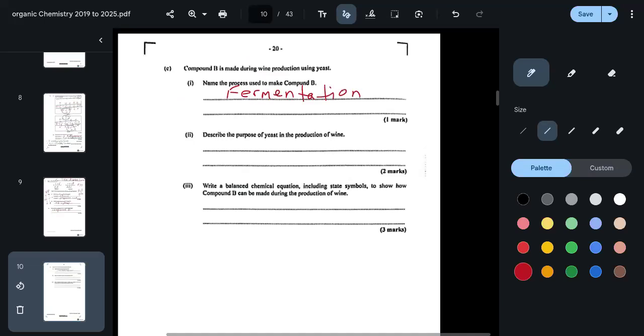Describe the purpose of yeast in the production of wine. Does anybody know the purpose of the yeast? Yeast makes the fruits into alcohol. Right. So it converts the carbohydrate in the fruits, or the glucose in the fruits, into alcohol. So you're correct.